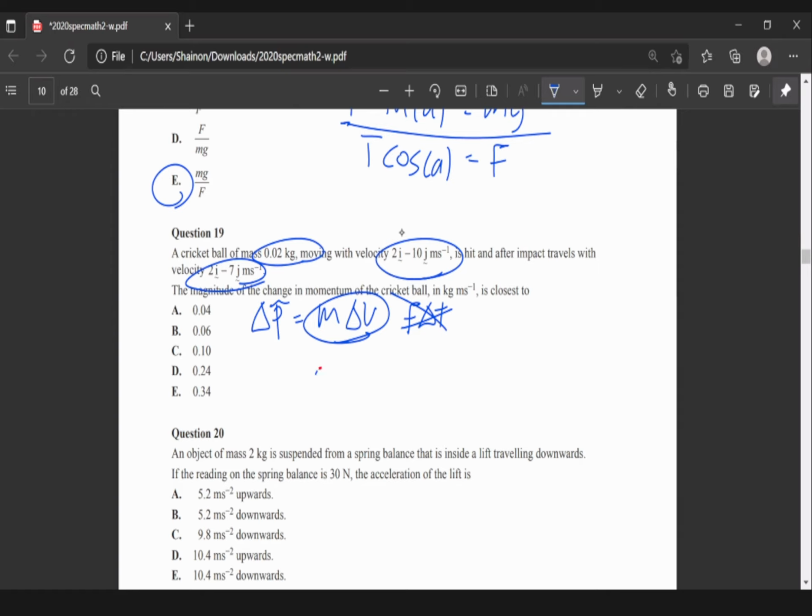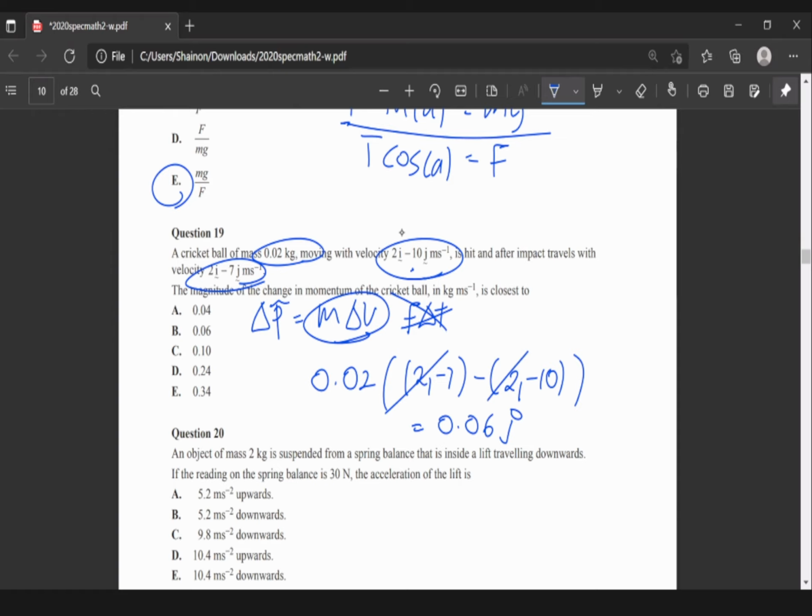So the mass is 0.02, and the change, so the final minus initial, so 2i minus 7j minus 2i minus 10j, and that should equal 0.02 times 0.06j, because the i is going to cancel out.